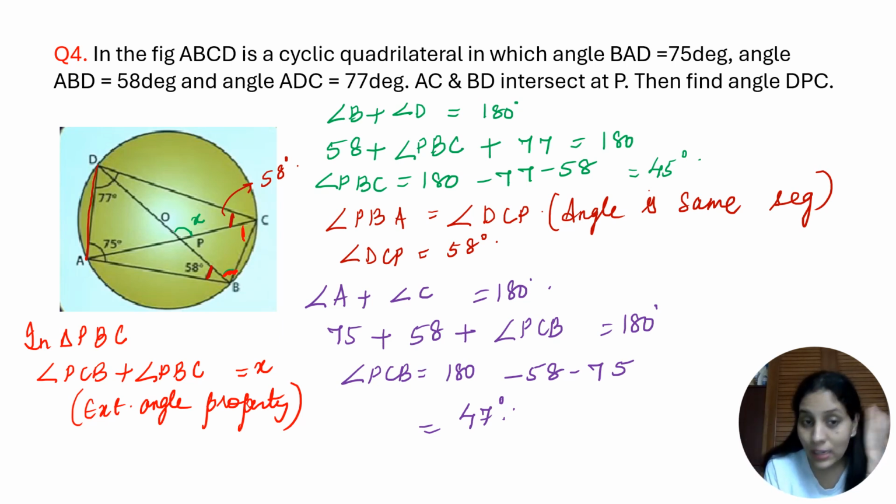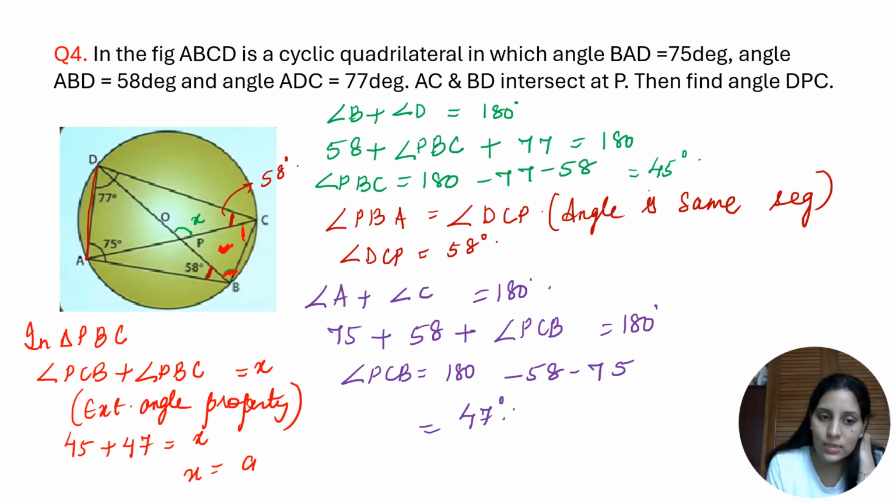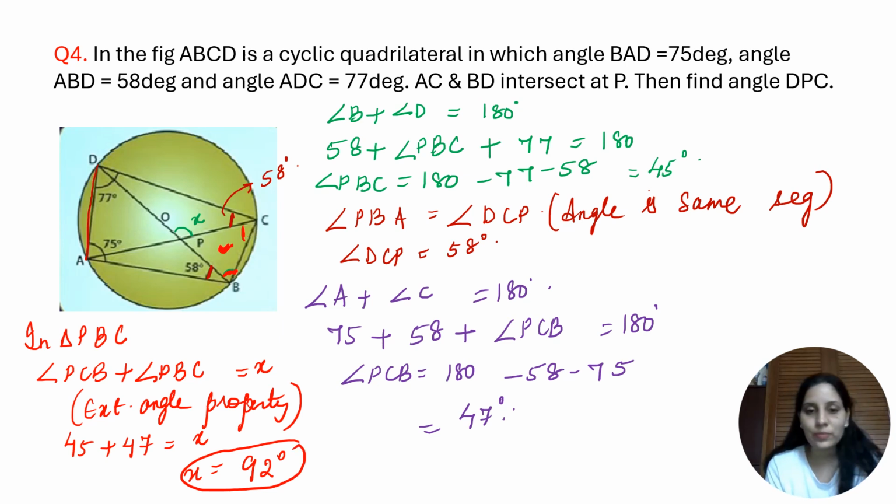I can clearly see that x is the exterior angle to this triangle, so x is equal to the sum of these two. So 45 plus 47 is x. So x is 92 degrees. It's very easy. It is just that in a cyclic quadrilateral, you know that the opposite angle sum is 180, so I kept applying that, and then you are here with the answer.